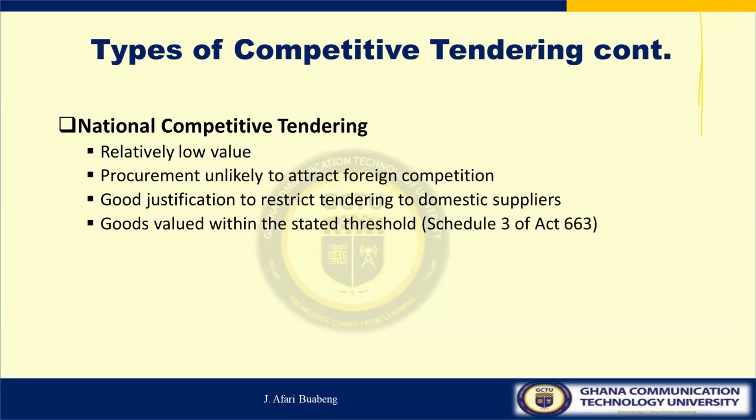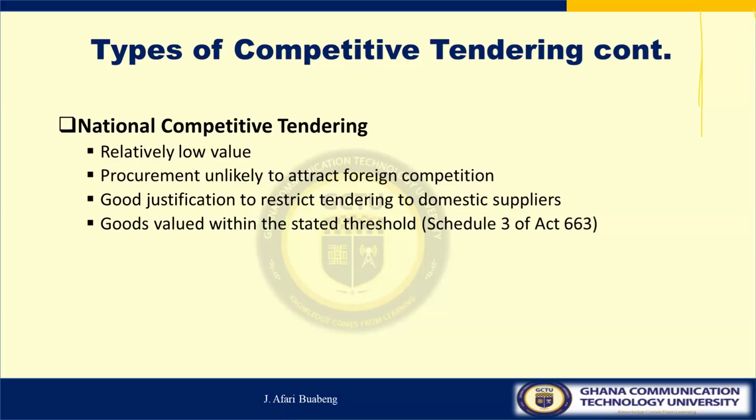And then we have the national competitive tendering method. It is a competitive tendering method anyway, but relatively low value compared to the international one. So the threshold is not as high compared to the international competitive tendering threshold.